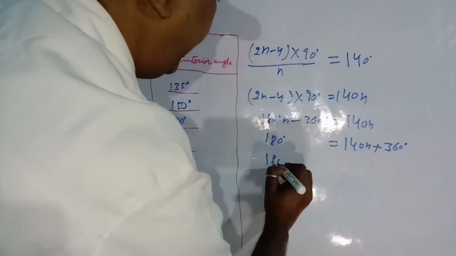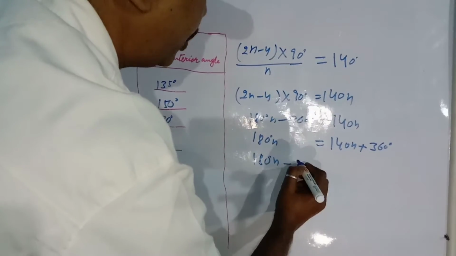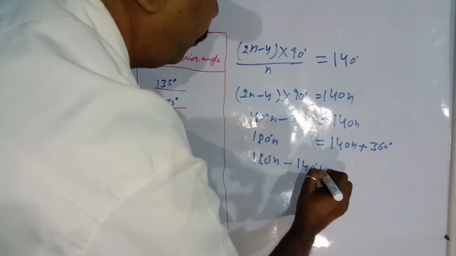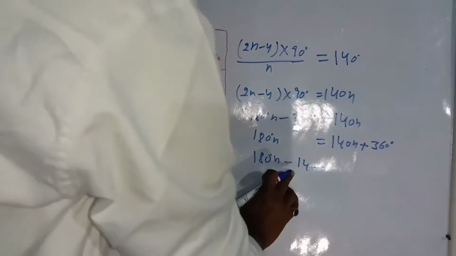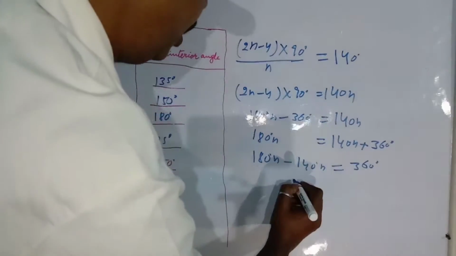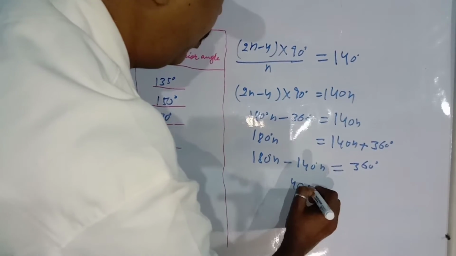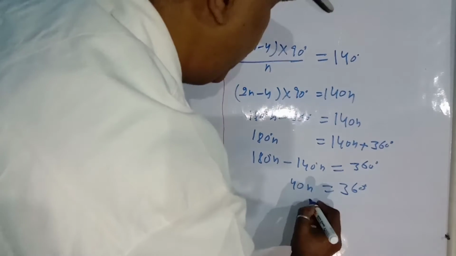Now 180n here will be minus 140n. From here 140n we will transpose this one, here it will be minus 140n, then equals to 360 degree. Now we got here 40n equals to 360.